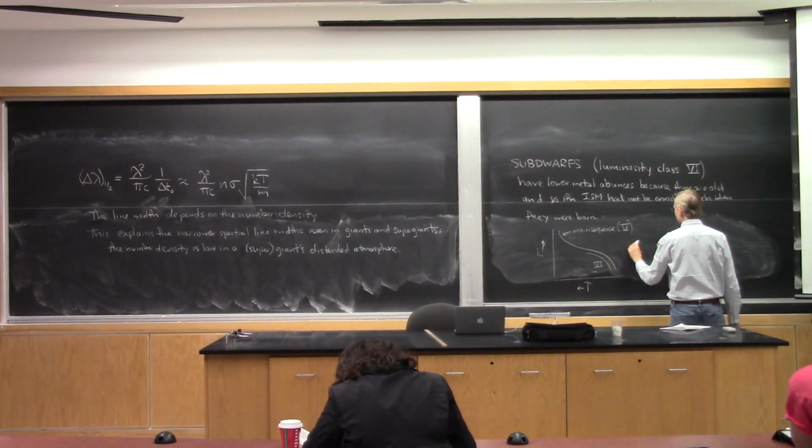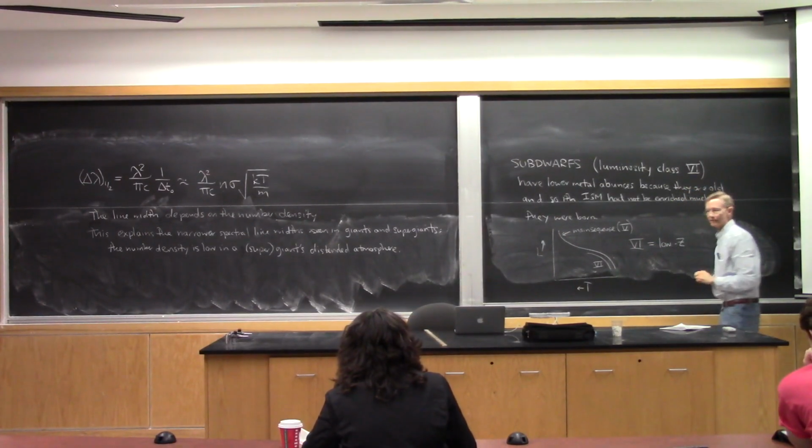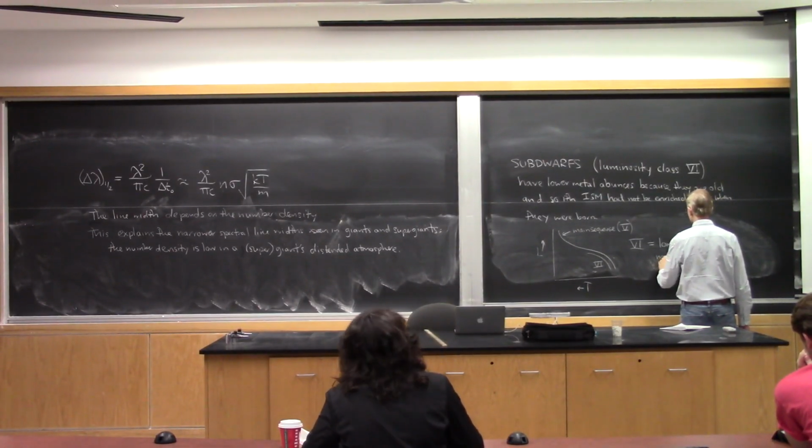So luminosity class 6 is low Z, right? We said that Z is the metallicity. Low Z main sequence stars.